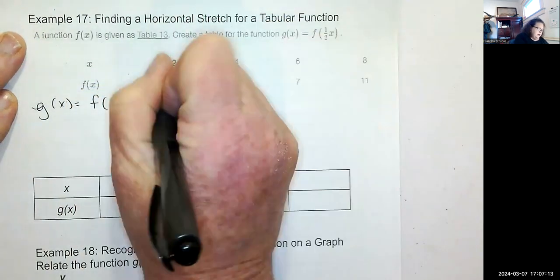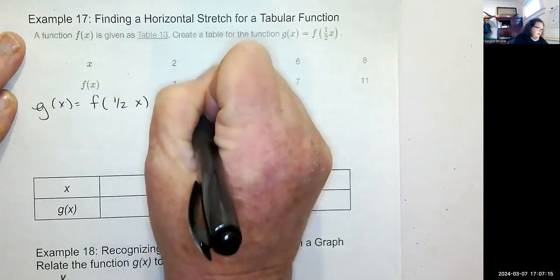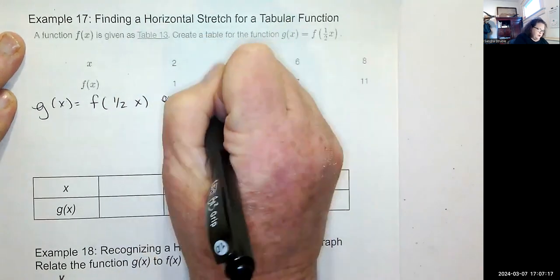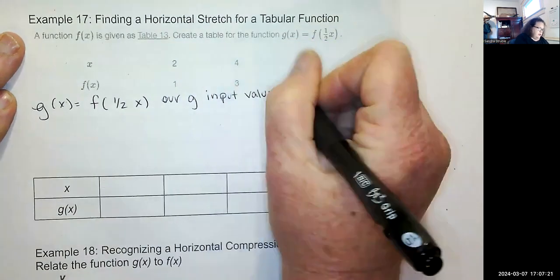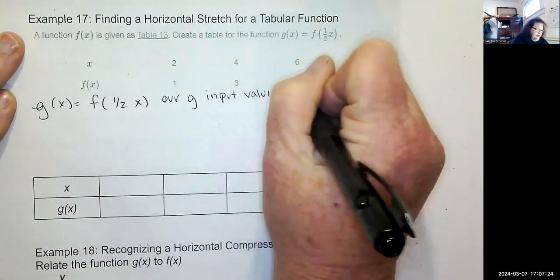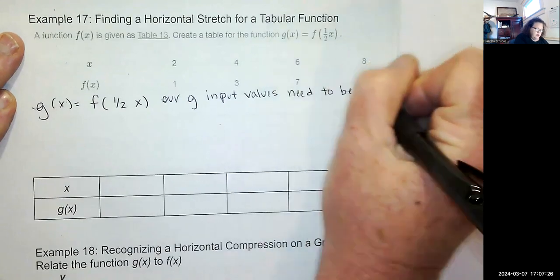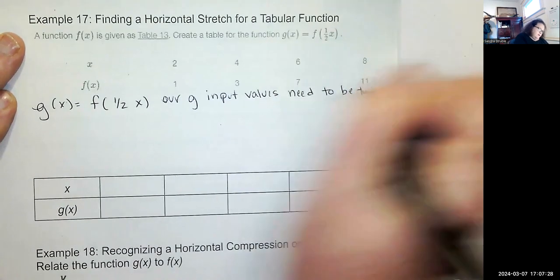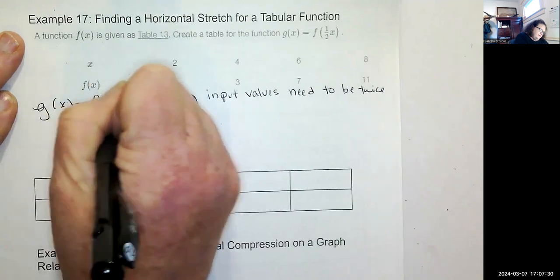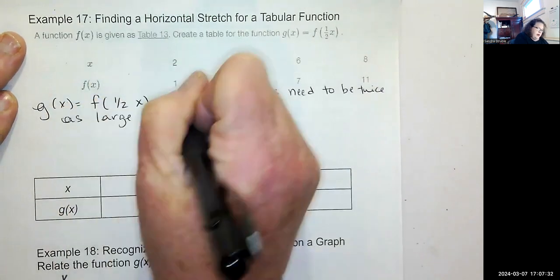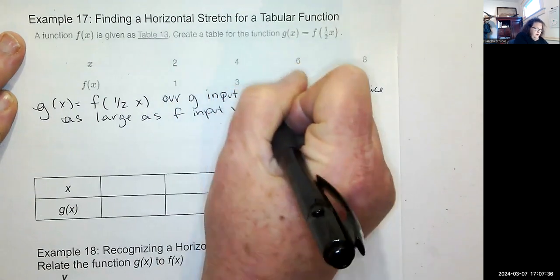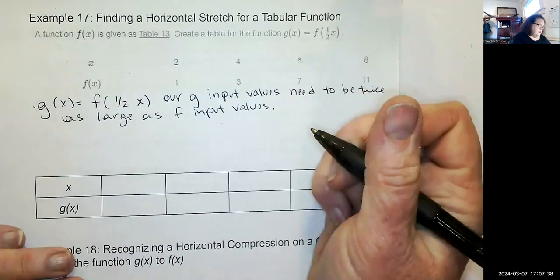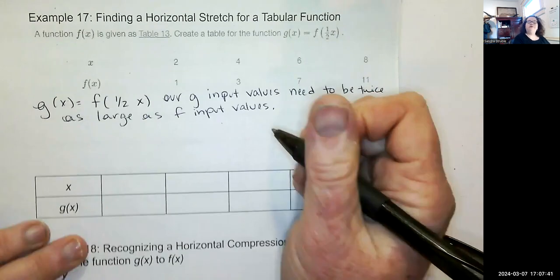Our g input values need to be twice as large as f input values in order to have the same outcome.